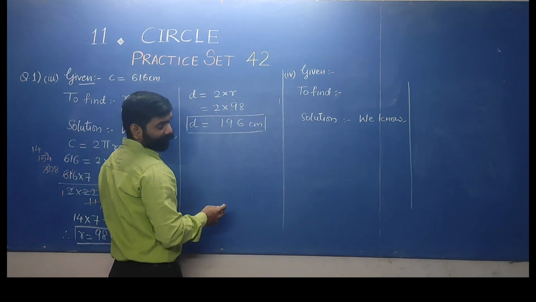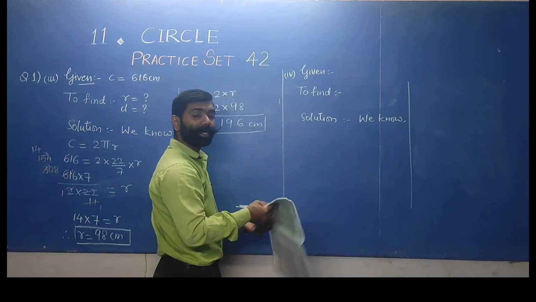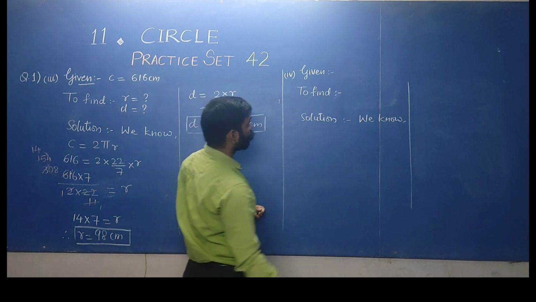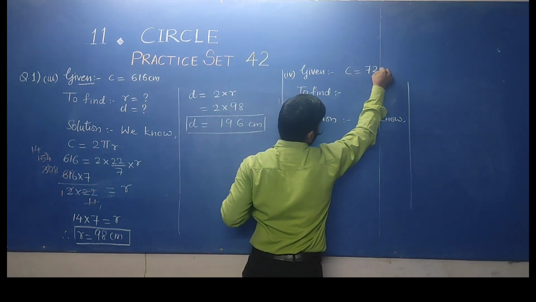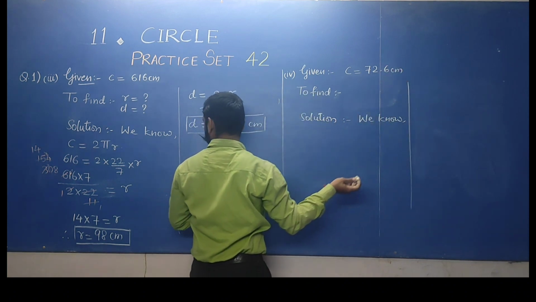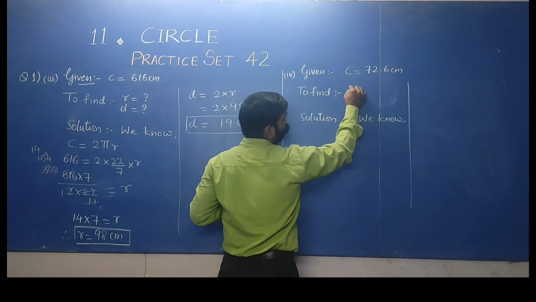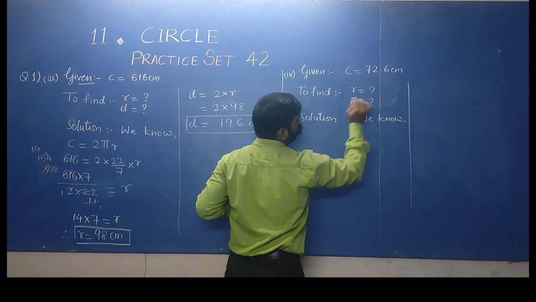Again circumference is given. Circumference is given as 72.6 centimeters. So C is nothing but 72.6 centimeter. And what we need to find? R we need to find. Diameter we need to find.